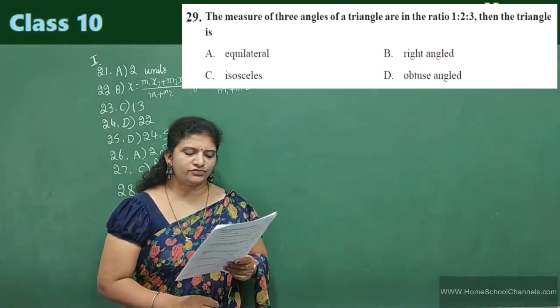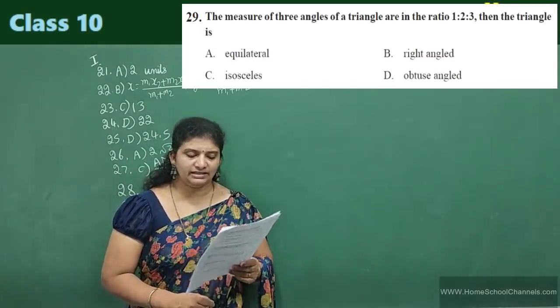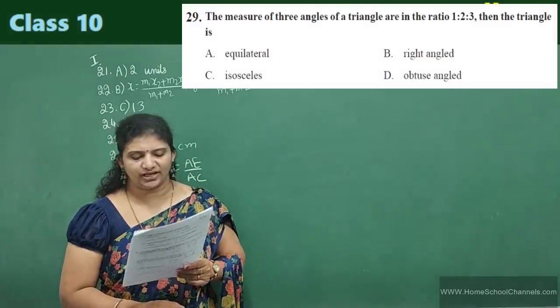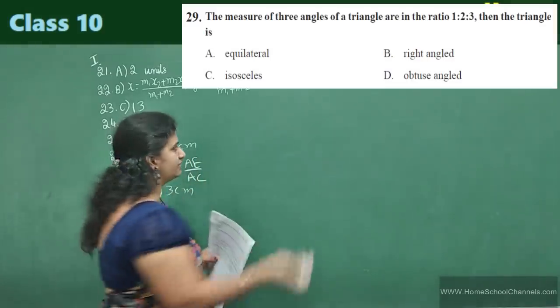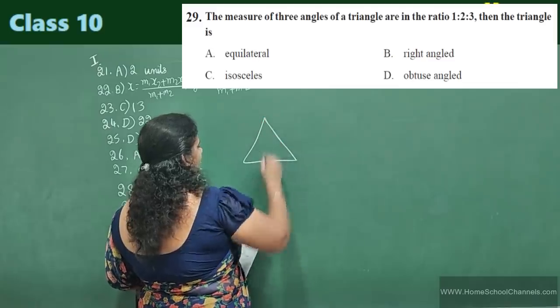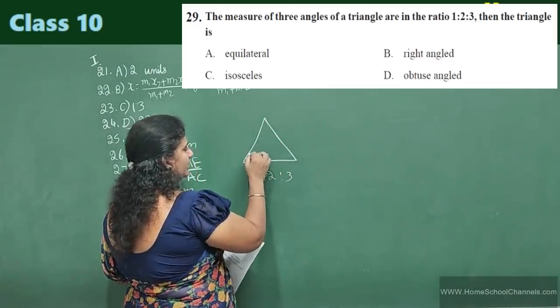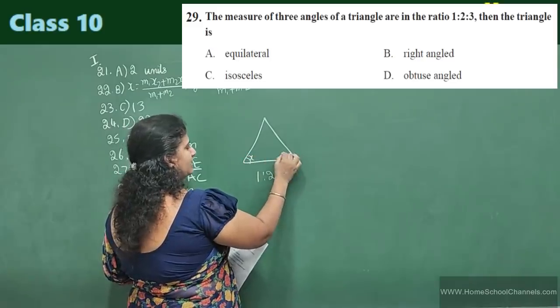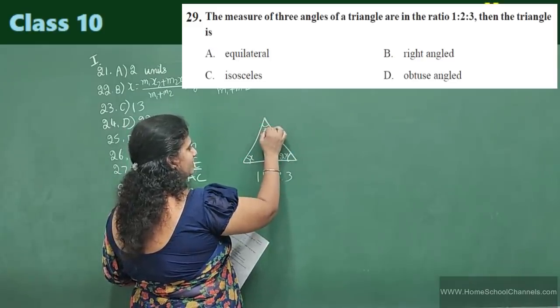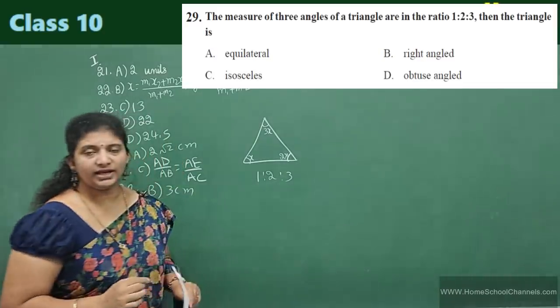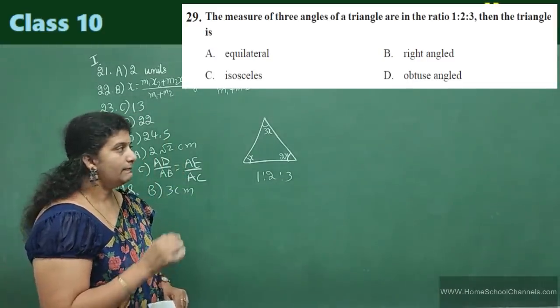29th one, the measure of three angles of a triangle are in the ratio 1:2:3. Then the triangle is, okay, let me take a triangle. A ratio of angles 1:2:3. So let me take here 1x, and this is 2x, and this will be 3x. Okay, ratio of the angles we are talking. But what do we know?